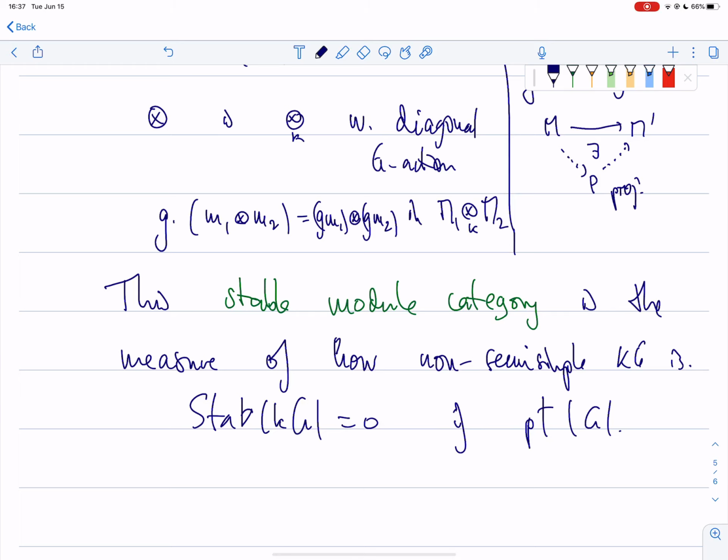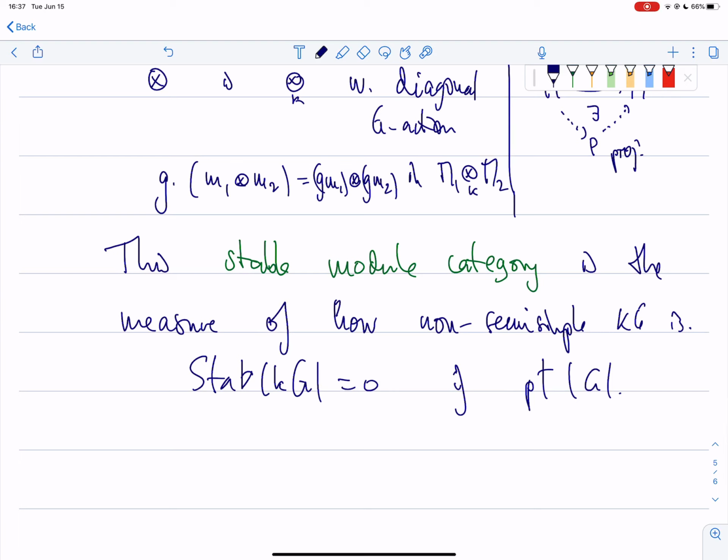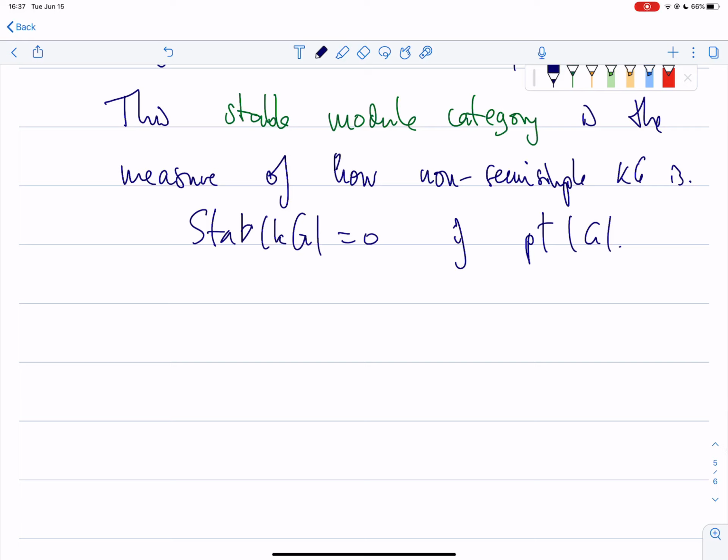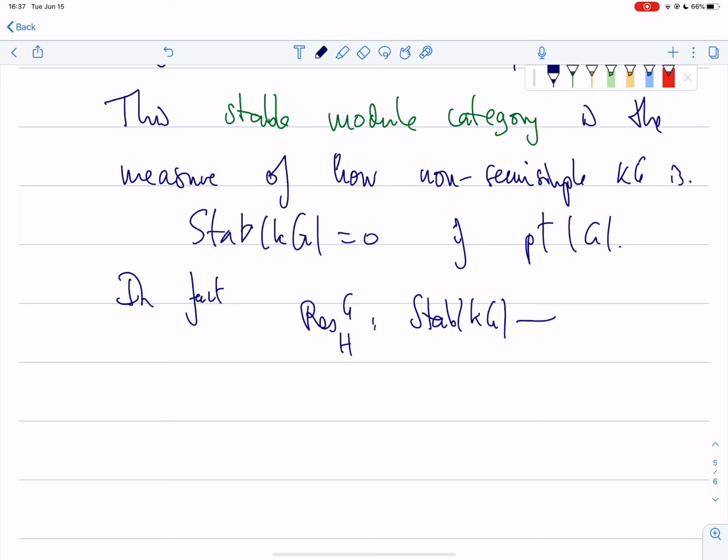Preferably it should, but even if you start with a group which does, you will look at the subgroups, and maybe some of the subgroups will have order prime to p, so those will have no stable category. For instance, the trivial subgroup certainly has a trivial stable category. Also, the restriction from G to H passes to the stable category, that's the good thing. But sometimes it can be an equivalence, even if the groups are different.